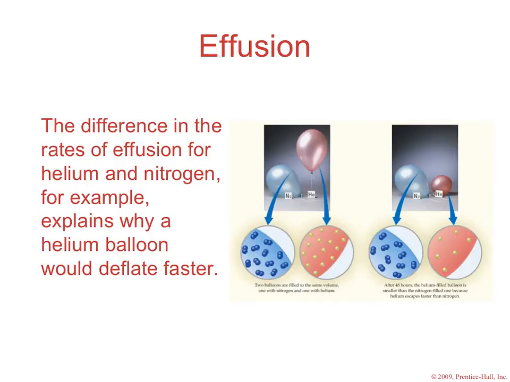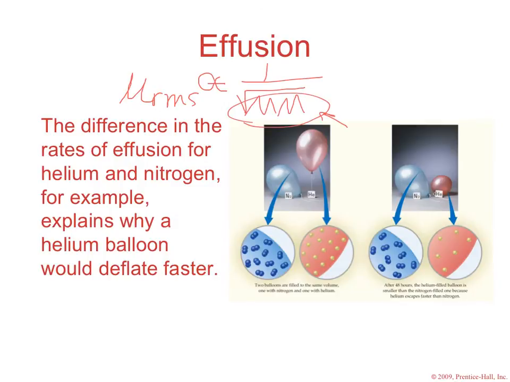Effusion and diffusion both follow the relationship of the root mean square speed of a gas molecule, and that is to say that it's proportional to 1 over the square root of molar mass. So the larger the molar mass, the smaller the speed. If you were asked to compare the rate of effusion for different gases, let's say helium and nitrogen, the first thing you want to do is look at the molar mass of the gases you're comparing.